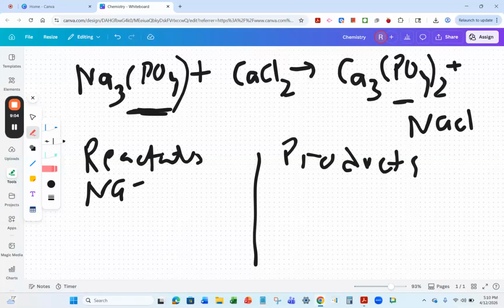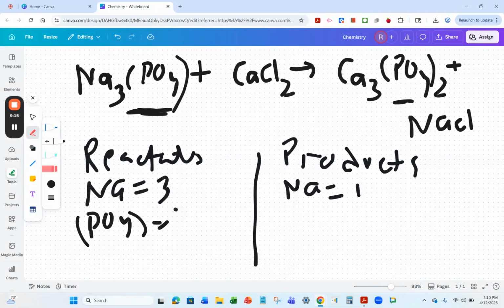So we'll see, we have sodium 3 on the left side, you have a sodium 1 on the right side. Next you have a PO4 unit 1 on the left side, PO4 unit 2 on the product side. Here we go.